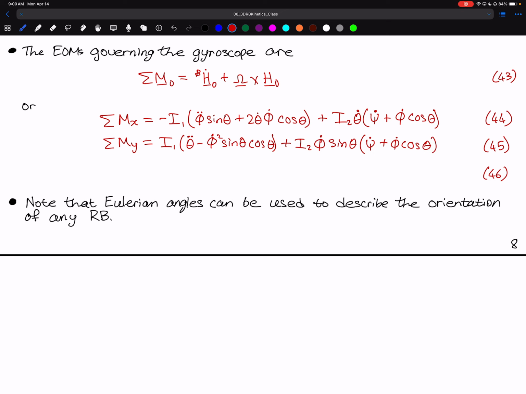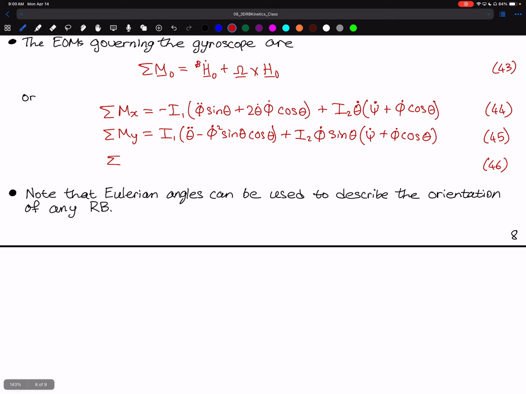And then lastly, for the z direction, the sum of the moments in the z direction is equal to I2 times d over dt of the quantity psi dot plus phi dot cosine theta. And as I said before, these Eulerian angles can be used to define the orientation of any rigid body, not just a gyroscope.